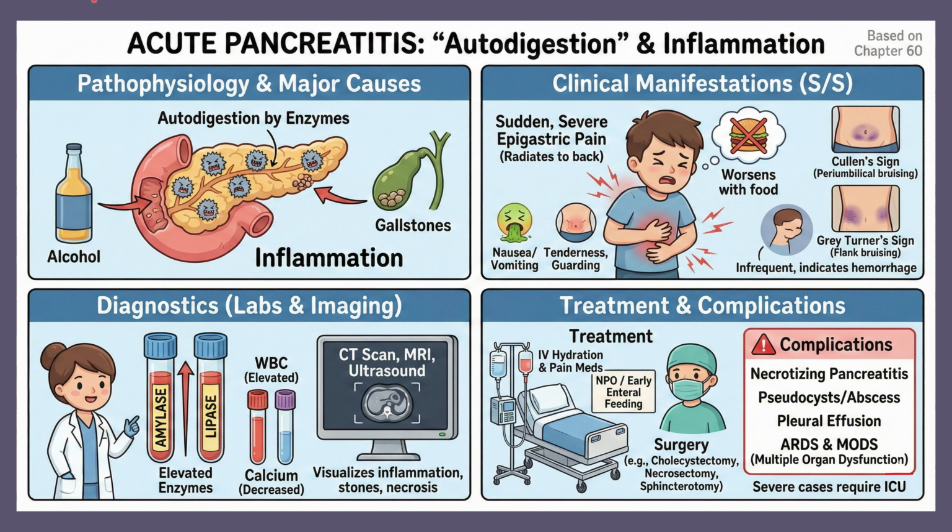The most common etiologies include gallstones and chronic alcohol consumption, with alcohol accounting for approximately one-third of all cases. Gallstone pancreatitis occurs due to obstruction of a bile duct in proximity to the pancreatic duct, altering bile and pancreatic enzyme flow and leading to inflammation.